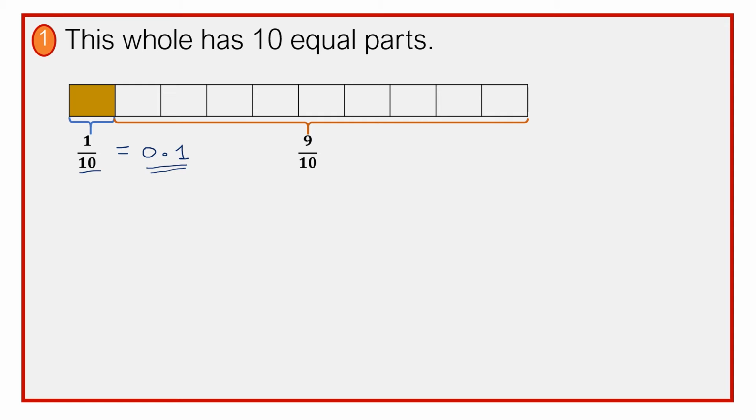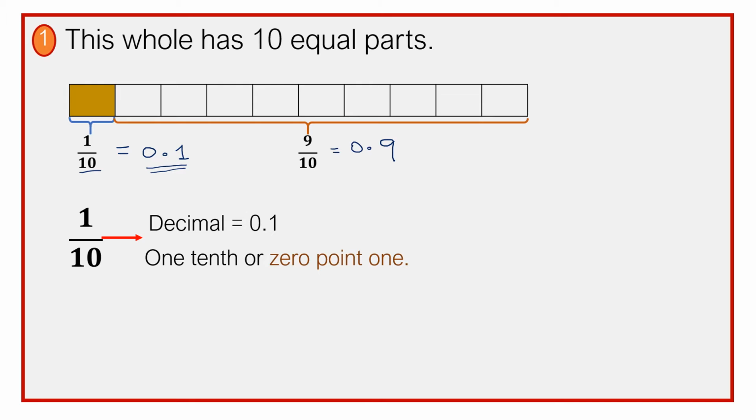9 out of 10 can be written as a decimal as 0.9. So 1 out of 10 as a decimal is 0.1, and this can be read as 1/10, or you can say 0.1.